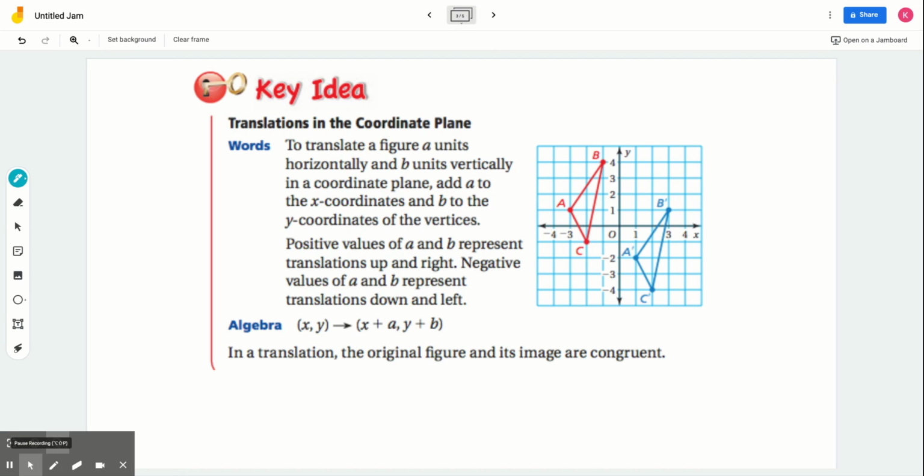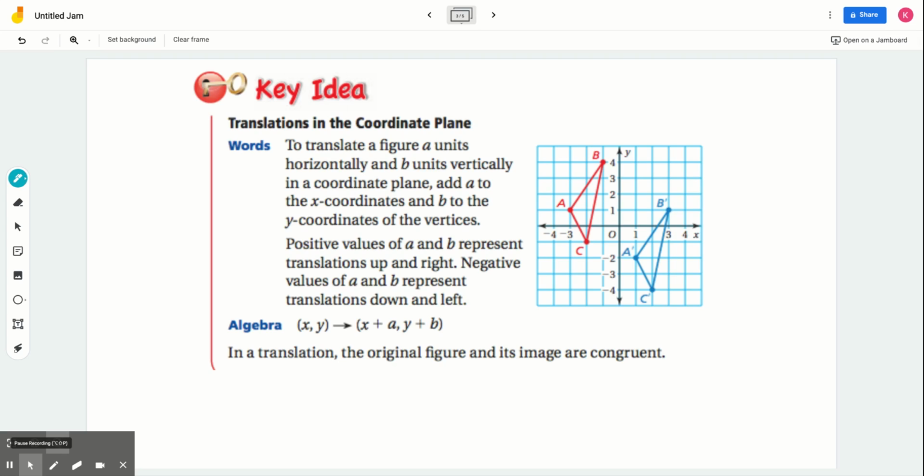Now we're going to apply slides or translations to the coordinate plane. So to translate a figure A units horizontally and B units vertically in a coordinate plane, add A to the x coordinates and B to the y coordinates of the vertices, or the corners of the figure.